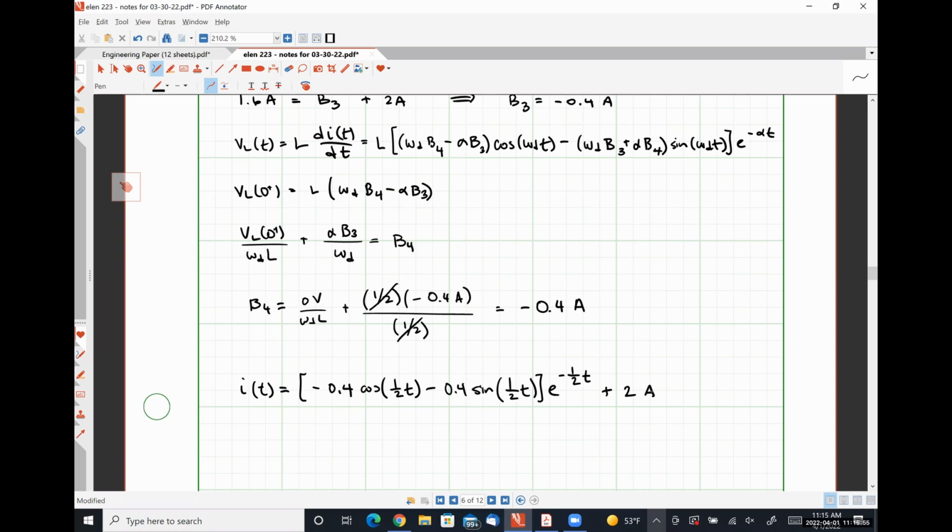Where I've just plugged in B3, B4, alpha, omega_d, and i at infinity into our expression.